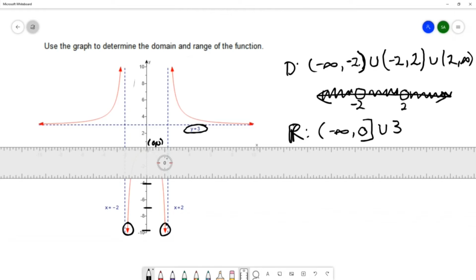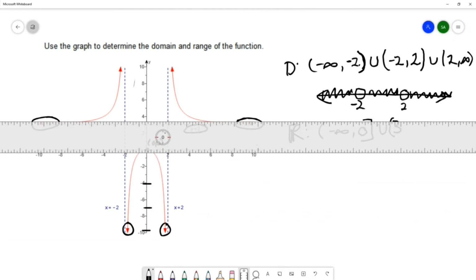Now I'm not going to include 3, because this piece of the graph and this piece of the graph indicate that the line gets closer and closer to a y value of 3 but never reaches it. So 3 is not a point in the range, and we're going to put a parenthesis on the 3.